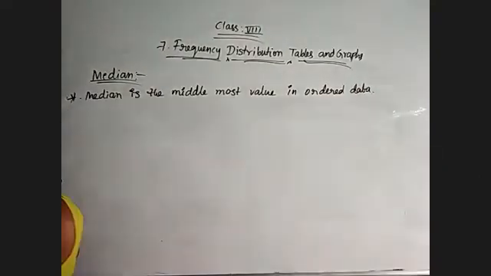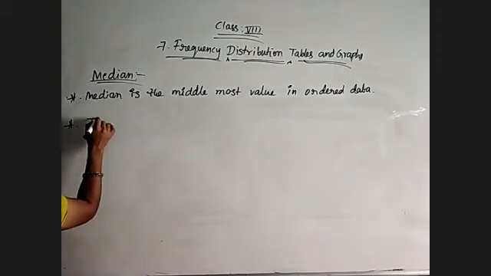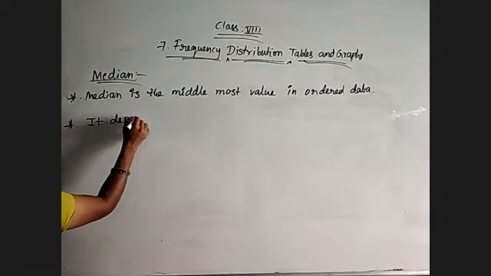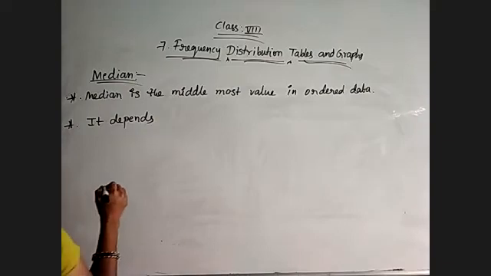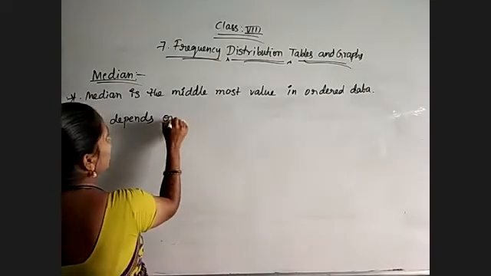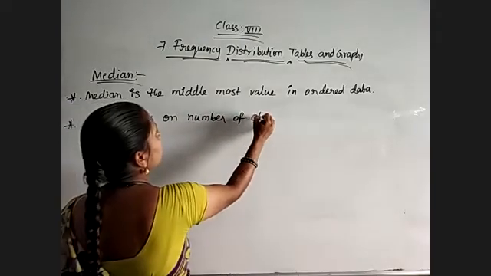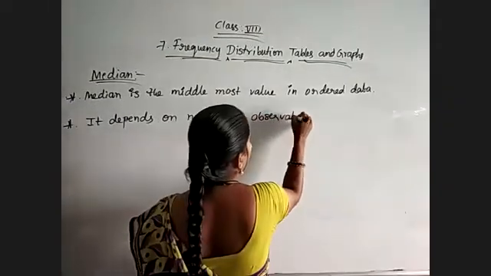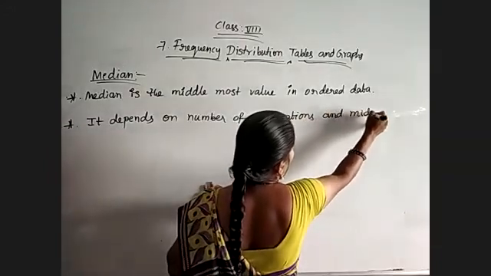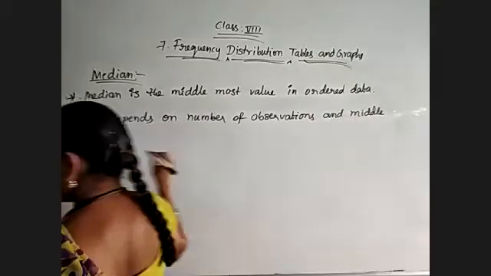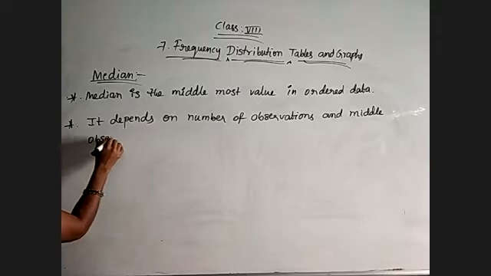Median is the middlemost value in ordered data, meaning the mid value we are taking. It depends on the number of observations and only the middle value of the data, that's all. Middle observations of the ordered data.